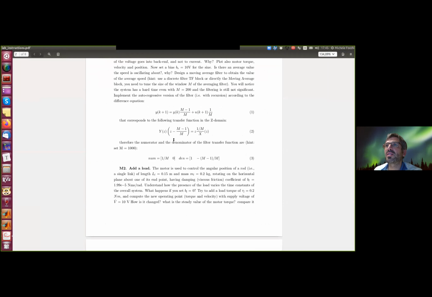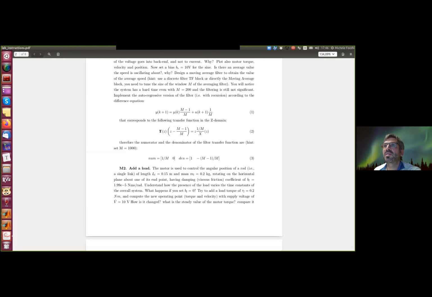Then if you pass this into the Z domain, let's say just replace the future sample with Z times the Y variable, which is the output of our average filter. So Y is the moving average that we want to compute, and U is the input of our signal, that is the velocity.